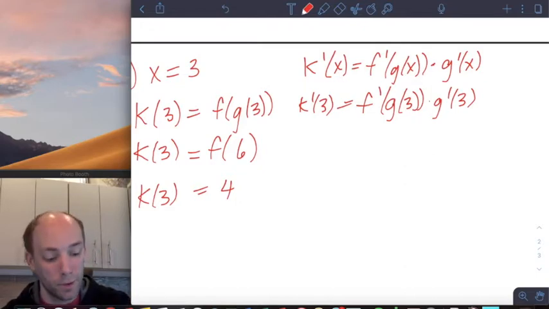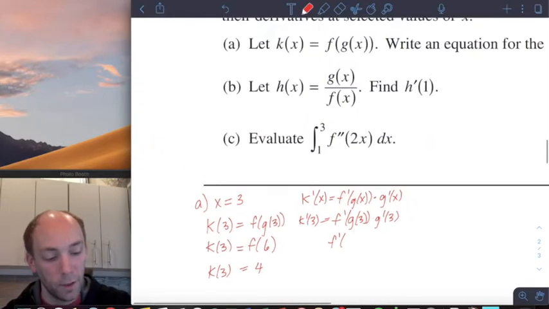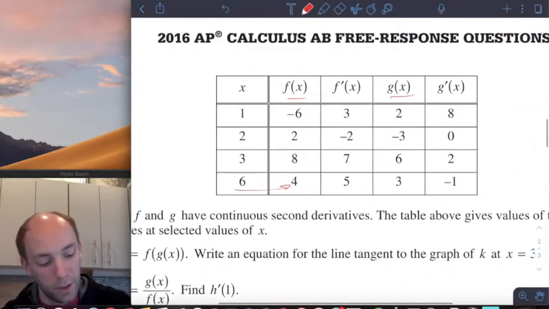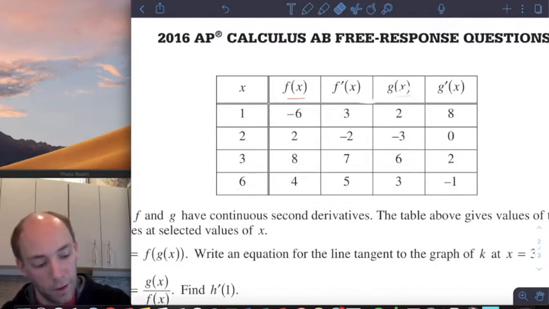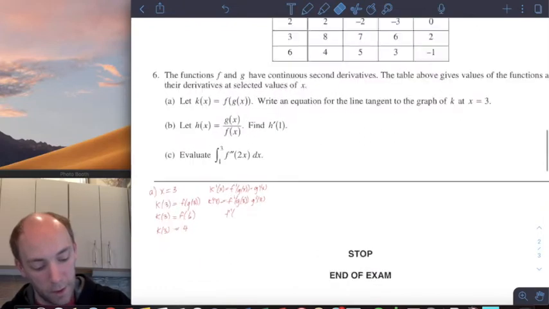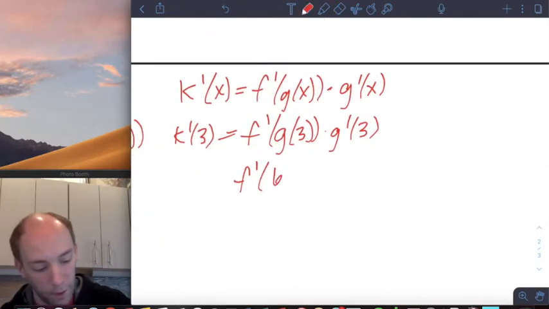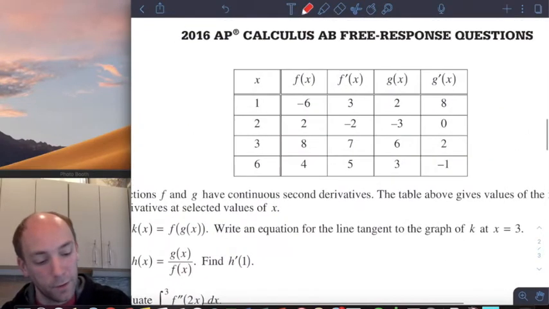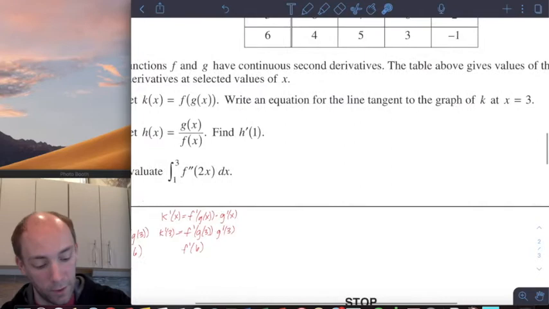We're just going to pull all these numbers from the table. g of 3, like we found earlier, is 6, so we put 6 there. g prime of 3 is 2, so that changes into a 2.